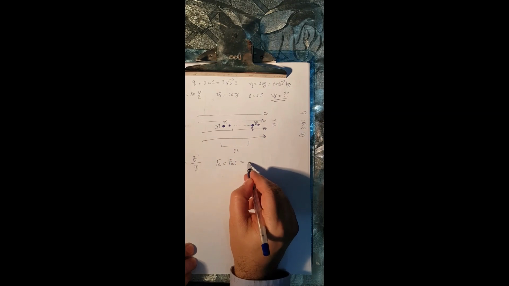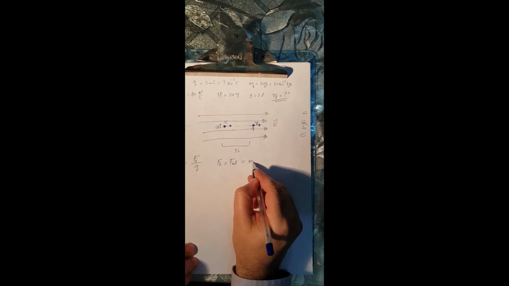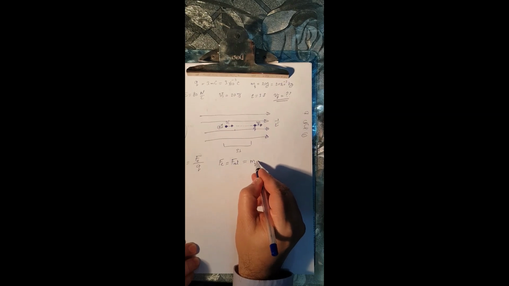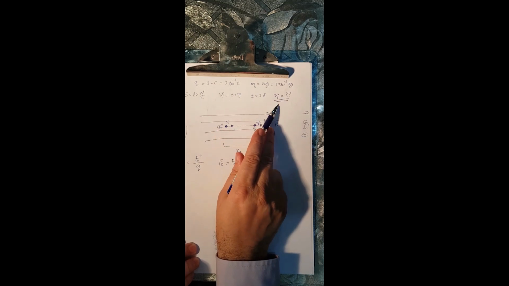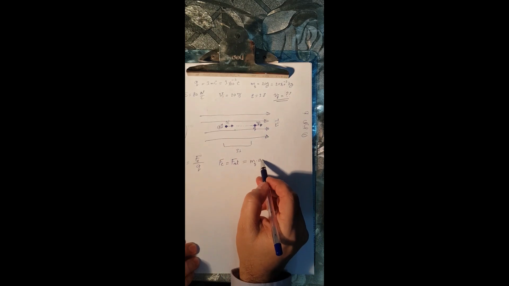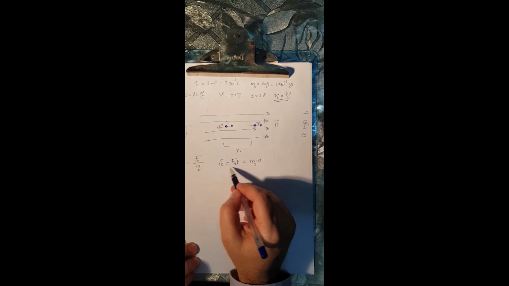And F net, by Newton's second law, is the mass of the charge multiplied by its acceleration a. Remember, when you deal with initial velocity, final velocity, and time, you need the acceleration to use the equations of motion.